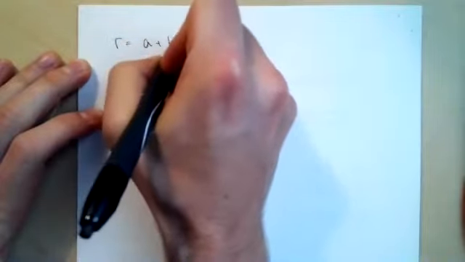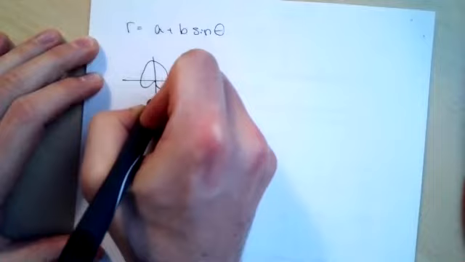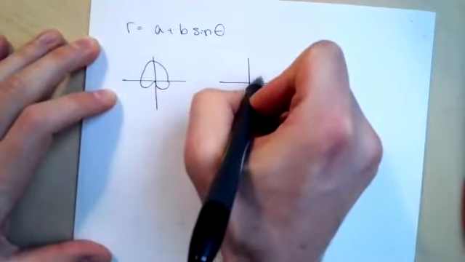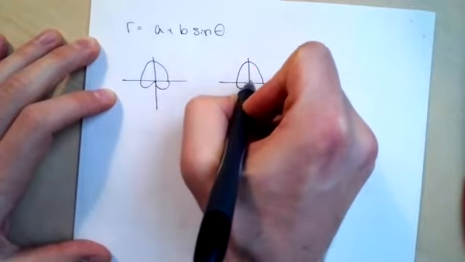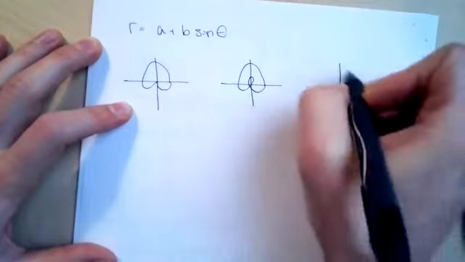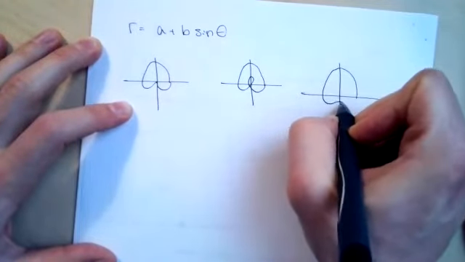I mentioned in notes yesterday, just to play around, if we have something like r is a plus b sine theta, you're going to get 3 different shapes. It's either going to be a heart, where we just get a cusp there, or it'll come up and do a full loop, or it'll just make like a lump, where it'll come down and won't even touch.